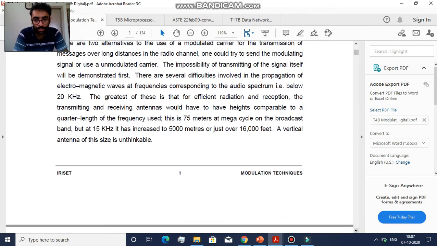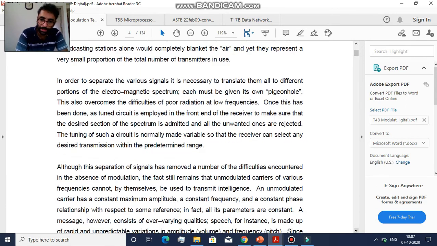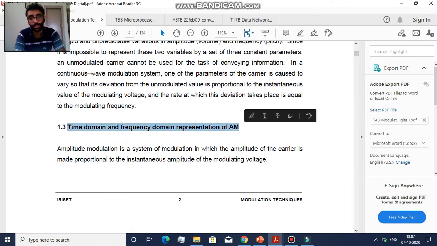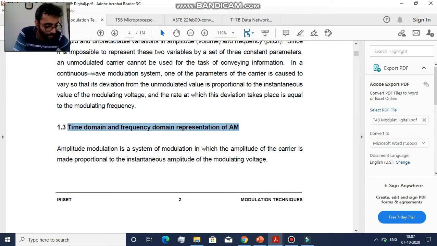This you can see, but we'll basically talk about amplitude modulation in this particular topic. An important thing to know is the time domain and frequency domain representation of an amplitude modulated wave. I have already defined what exactly amplitude modulation is. In amplitude modulation, the amplitude of the carrier wave would be changed in accordance with the low frequency modulating signal.